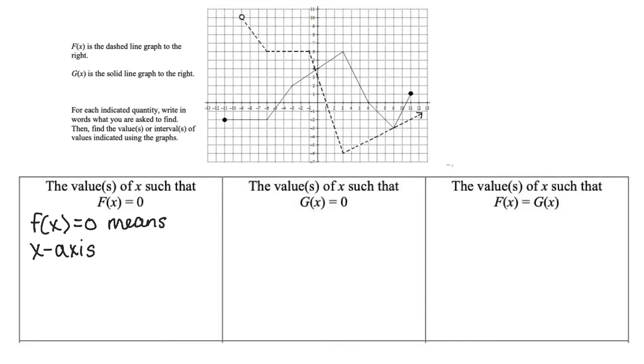So again, f of x is the dashed, so it looks like you're going to have a point here, and it looks like this would keep on going and extending out. It looks like it could be, I know for sure 1, and maybe 1.5.